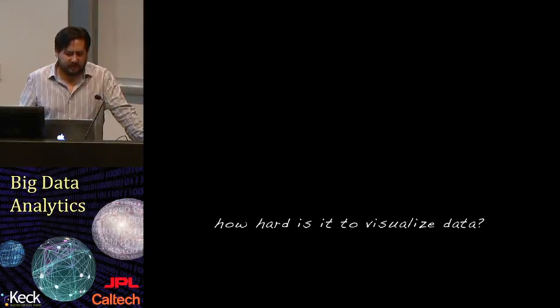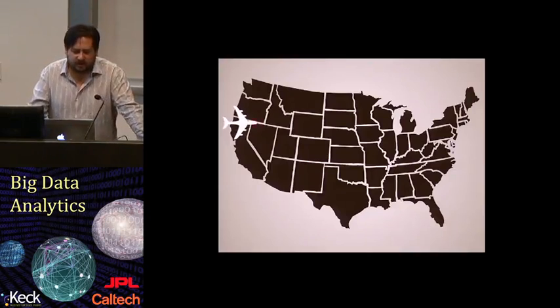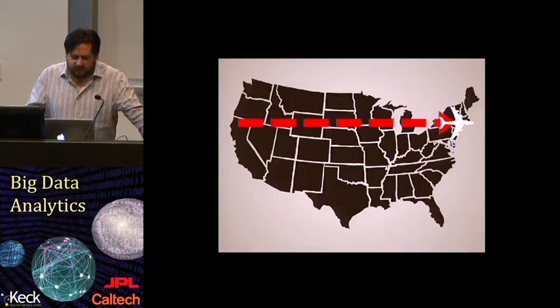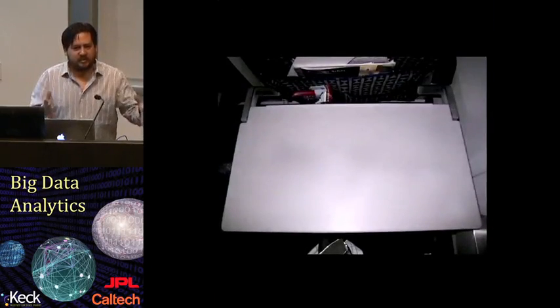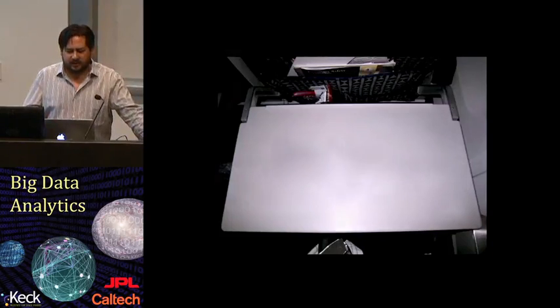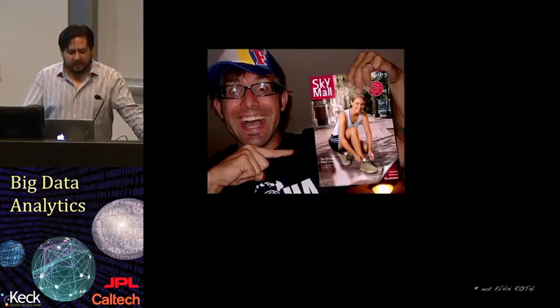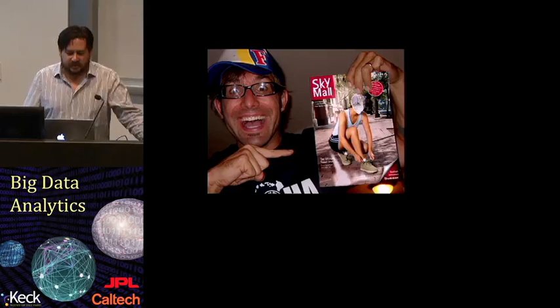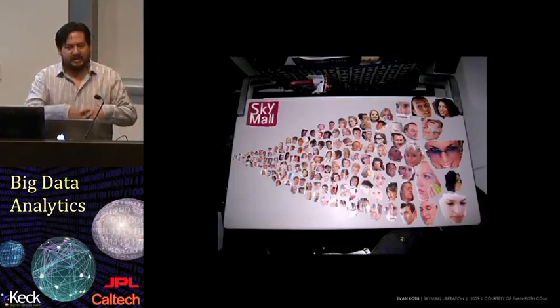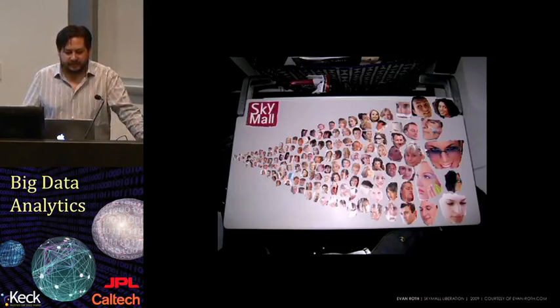So that begs the question, really, how hard is it to visualize data? Let me show you an example of an artist. His name was Evan Roth. He was actually on a flight, and he was sitting on his seat, and he was looking around, and he saw his tray, and he realized that he had a SkyMall magazine. Well, what Evan Roth decided to do is he decided to actually tear out the faces from the SkyMall magazine, and he laid them out neatly in his tray.